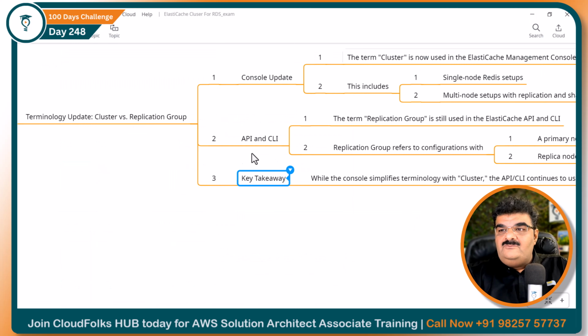So we have a clear understanding about cluster, but we never heard this word replication group because we are not using API or CLI. Now in the exam, they may use the word cluster or the word replication group, but now there is no confusion because I cleared this particular point.